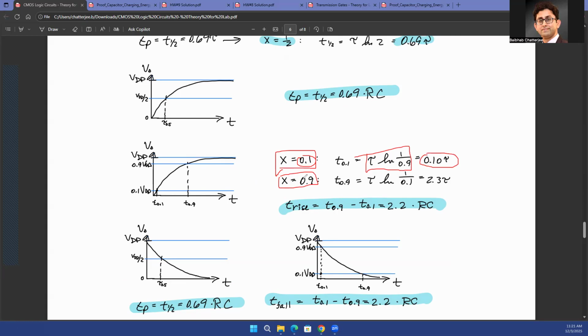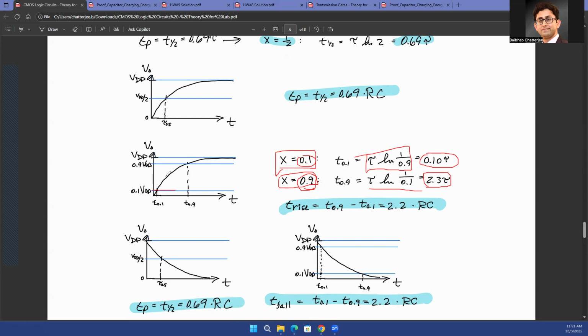Similarly, if you have x equal to 0.9, you'll get tau times ln 1 over 0.1, because in the denominator you have 1 minus x. So your numerator is 1, denominator should be 1 minus x. If x equal to 0.9, you have 1 over 0.1. And that will be equal to 2.3 times tau.